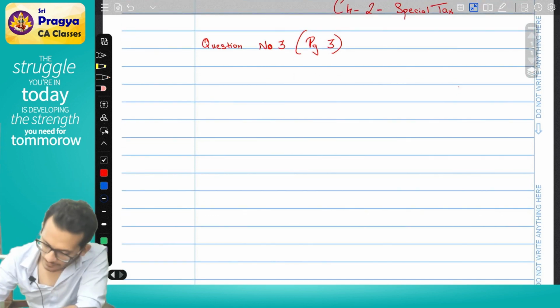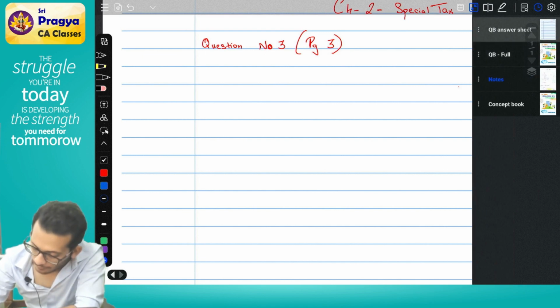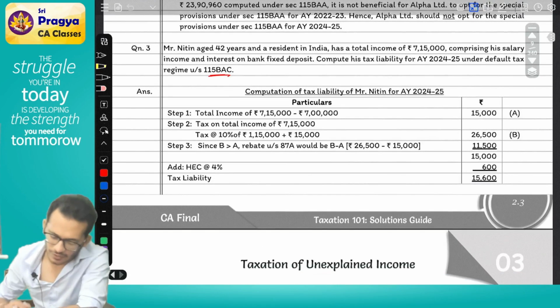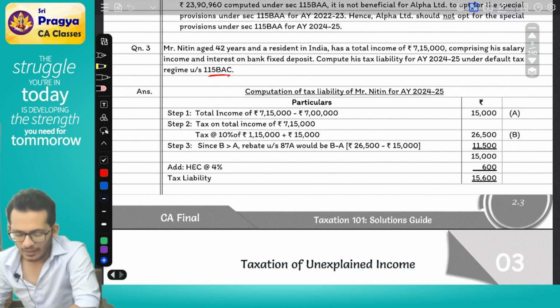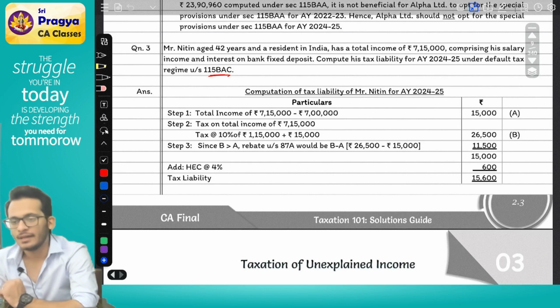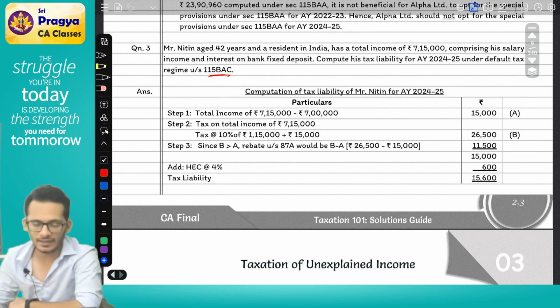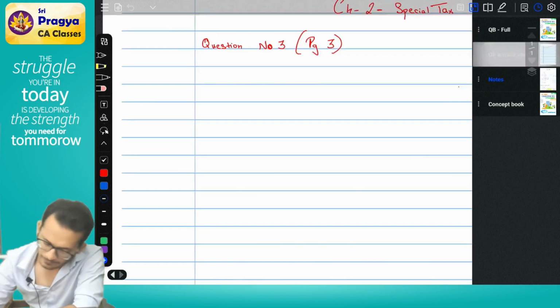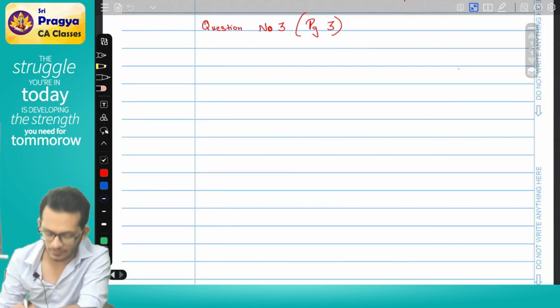Yes, read the question along with me. It says, Mr. Nitin, aged 42 years and a resident in India, having a total income of 7,15,000, comprising of salary and fixed deposit. They are asking you to do it under 115 BAC. So what will you do?